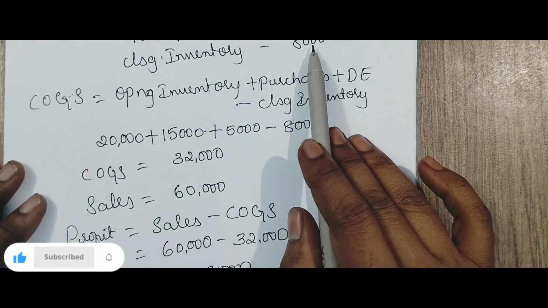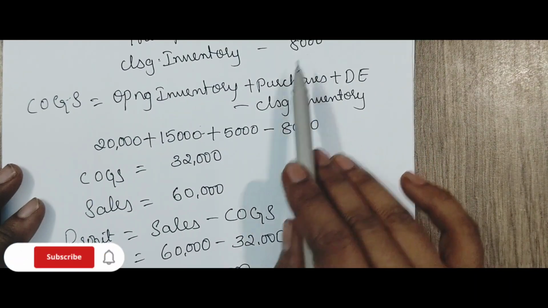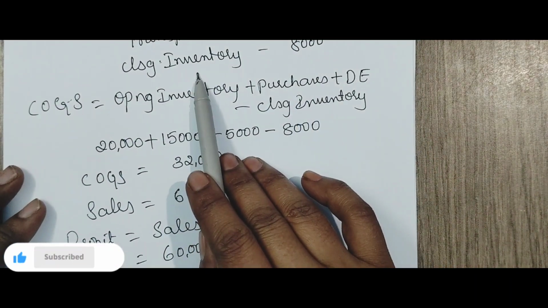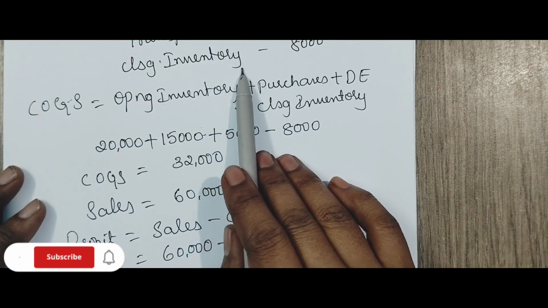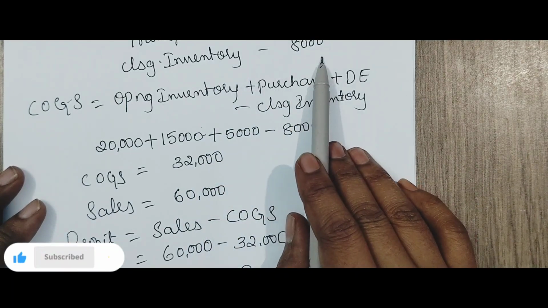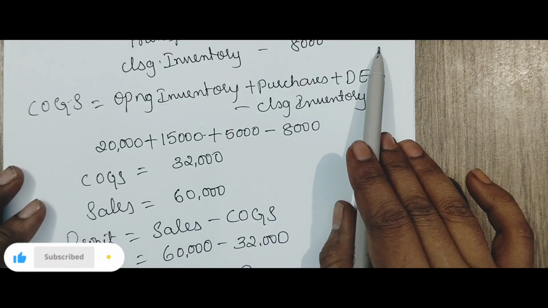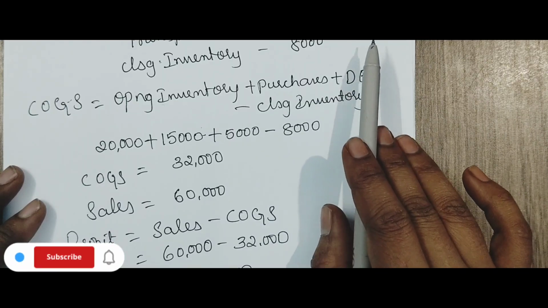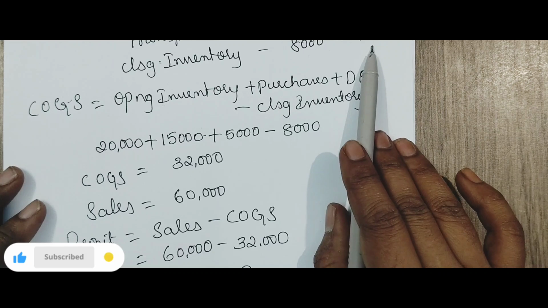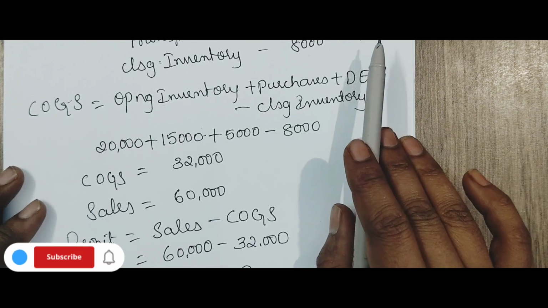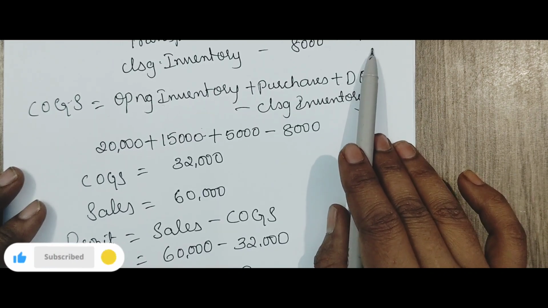Right. What was your closing inventory? The closing inventory has a positive relationship with the profit. When closing inventory was increased, because it is deducted from the cost of goods sold, it decreases the COGS.